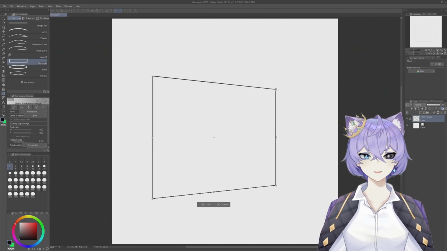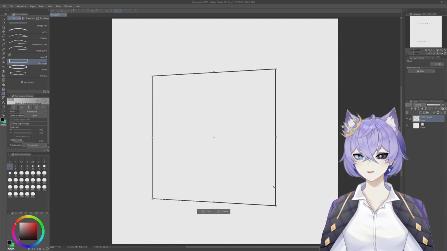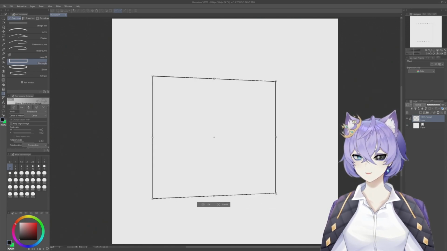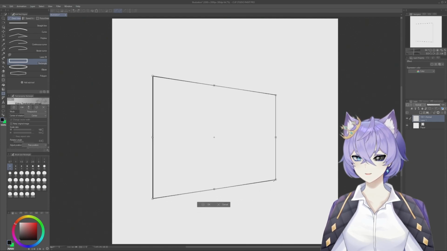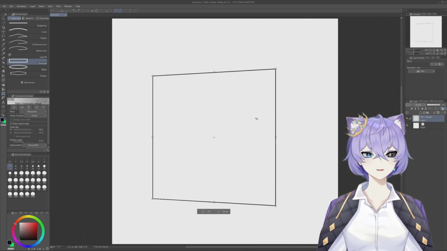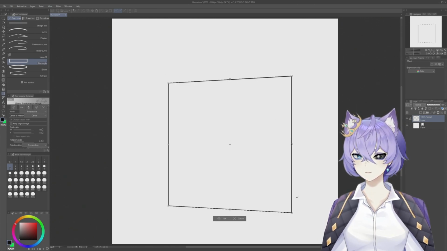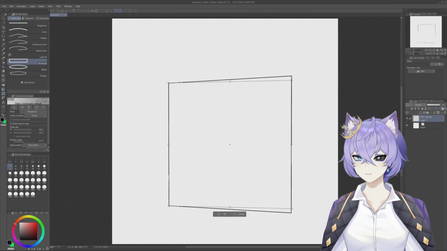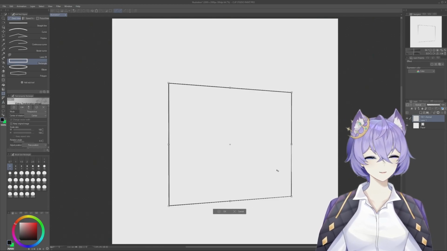Yeah, that's what I'm talking about. Okay. We want it rotating. I need to isolate these corners, which it won't let me do. Dang it. All right. That's fine.